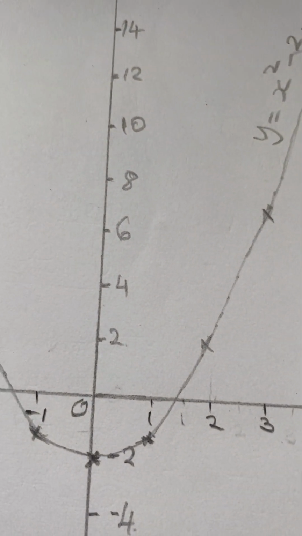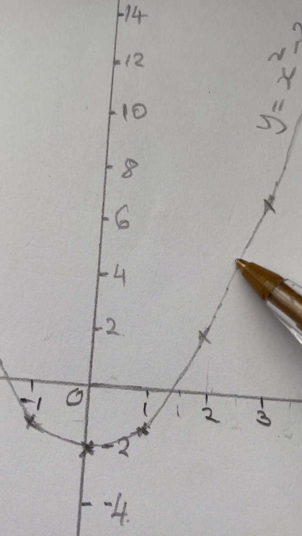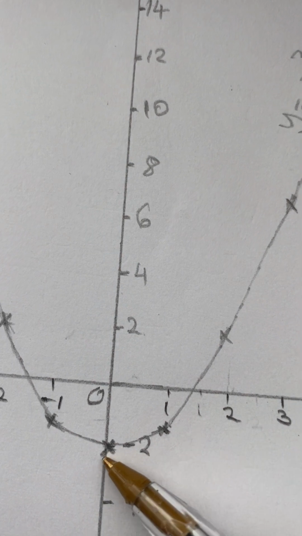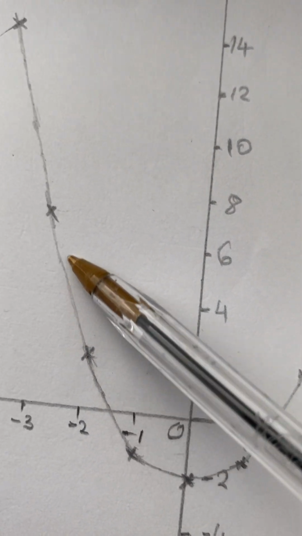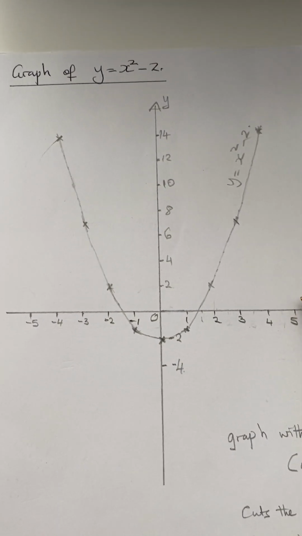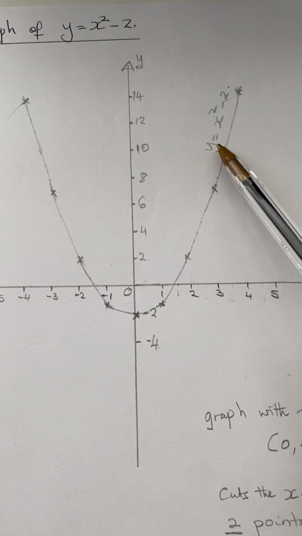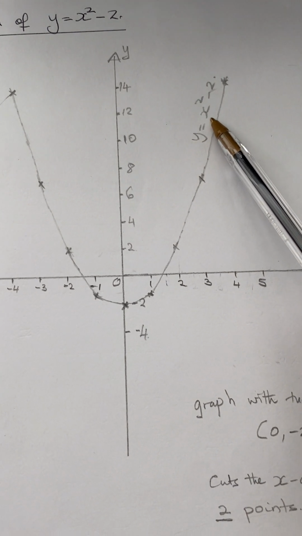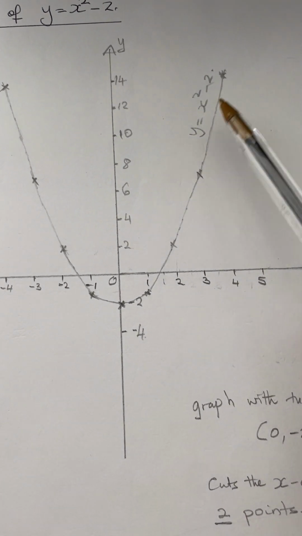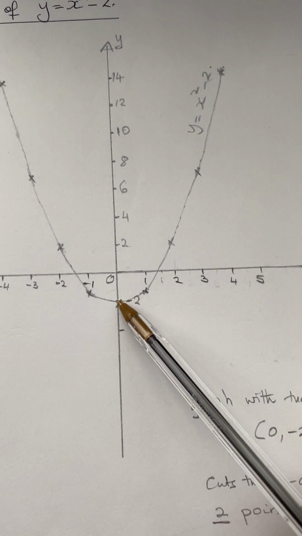We know it's a quadratic, so we're expecting a curve. So we try and plot it, all the way to join the points. So this is the curve of the quadratic equation y equals x squared minus 2. Now that bit here is the turning point.